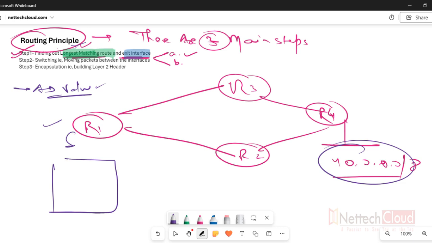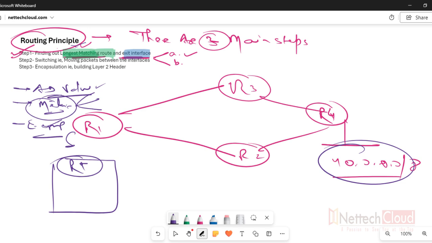The lowest AD value is preferred, and in case there is a tie, the same AD value, then metric. And metric could be, in case of OSPF, cost, or RIP means hop count, EIGRP then composite metric, right? And if again there is a tie, then equal cost multipath, or load balancing, is done. So which route will be installed in the routing table is determined with AD value and metric or cost, right?